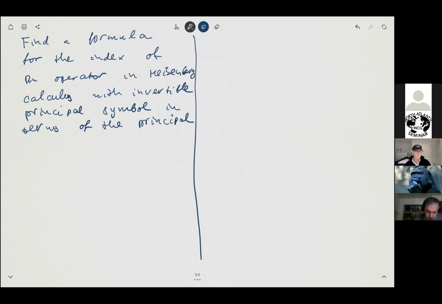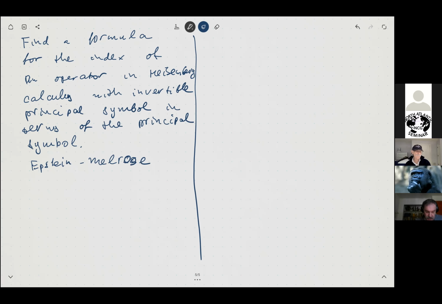Okay. So again, there was a number of works in this direction. So let me just mention a few of those. So Epstein and Melrose should probably be credited with initiating work on this index problem.